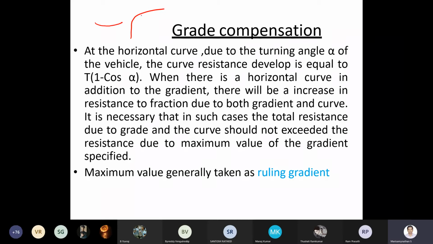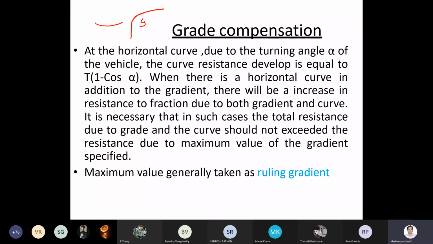In that turning, we also have the vertical gradient. On the horizontal curve we are providing the superelevation, and the vertical gradient is provided as well, so there also gradations will be there.